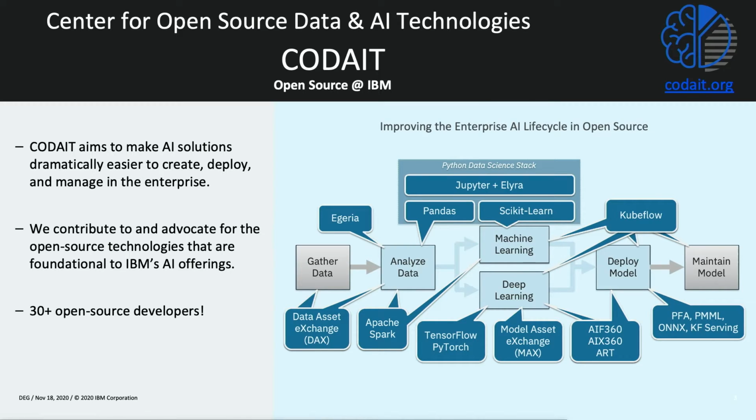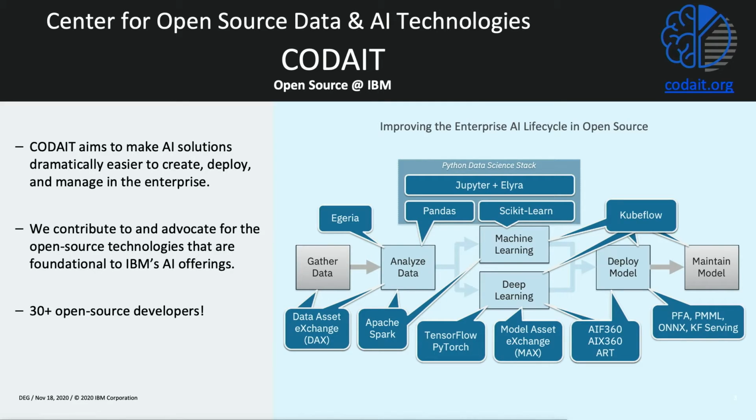So this includes Apache Spark as a core component, of course, as well as the Python data science stack, open source projects for open data and model sharing and exchanges, deep learning frameworks, as well as AI ethics and model serving, as well as orchestration on Kubeflow.